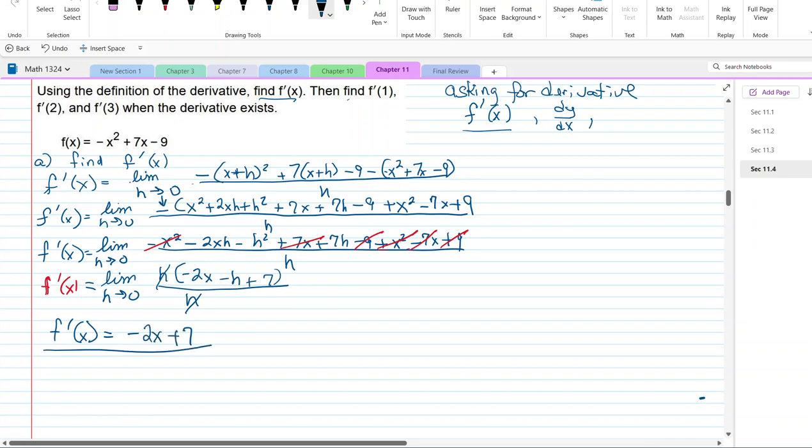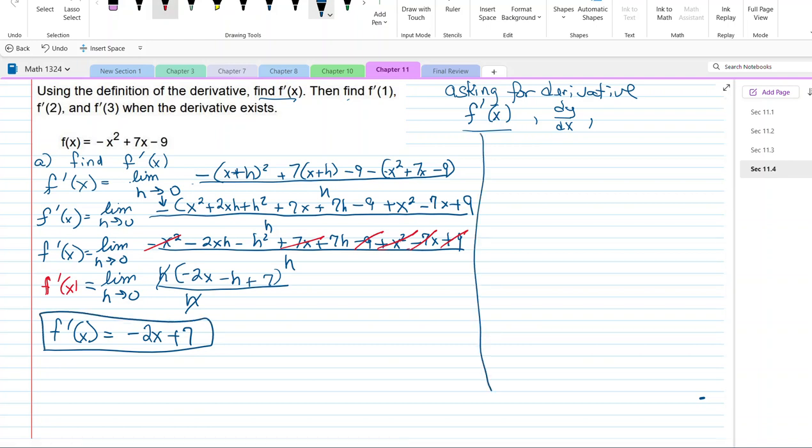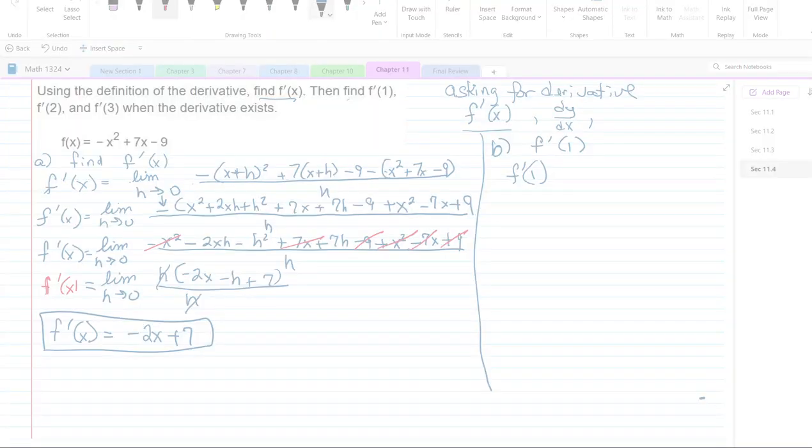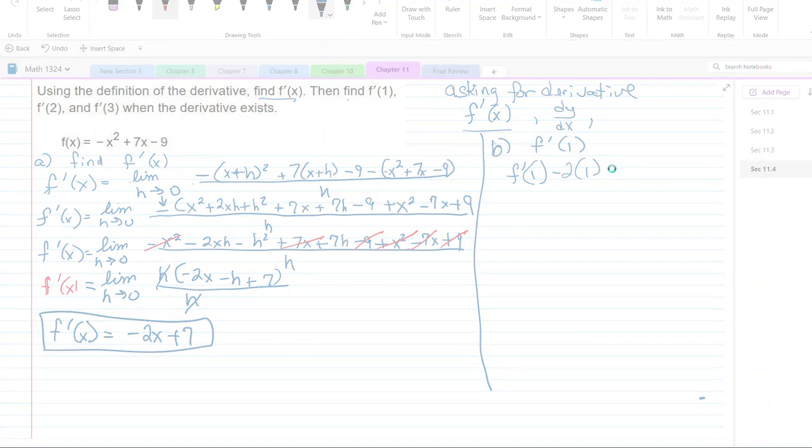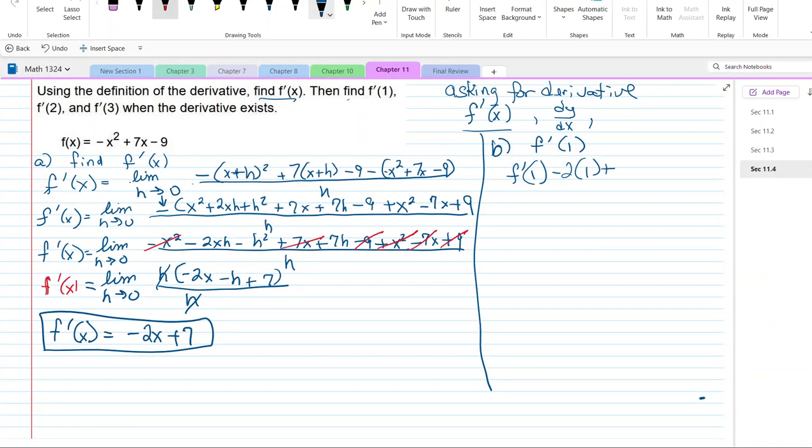So now I did that. So our B is find f prime of 1. F prime of 1 equals negative 2 times 1 plus 7. So my f prime of 1 is negative 2 plus 7. F prime of 1 is 5.